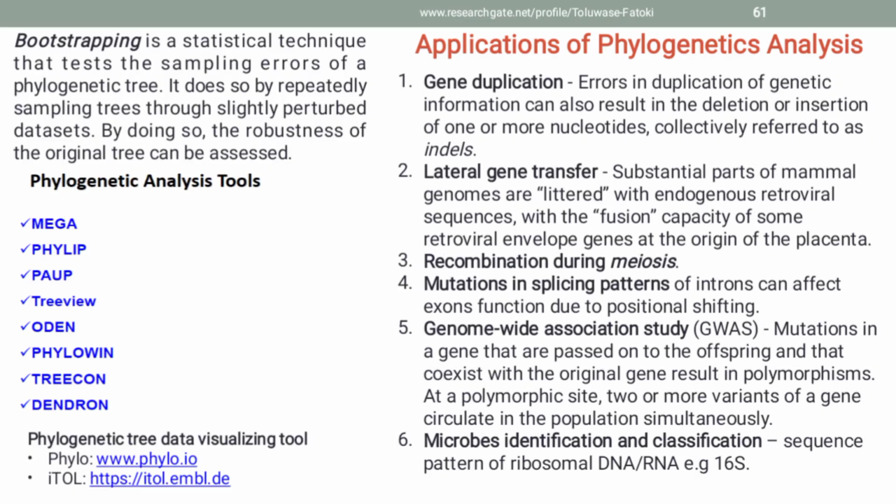Then we have the phylogenetic tree can be used to identify microbes and help in their classification. Those that do metagenomics have to take the ribosomal DNA or ribosomal RNA of that particular cultured microbe, and after they have sequenced, they get the sequence of that ribosomal DNA or RNA.